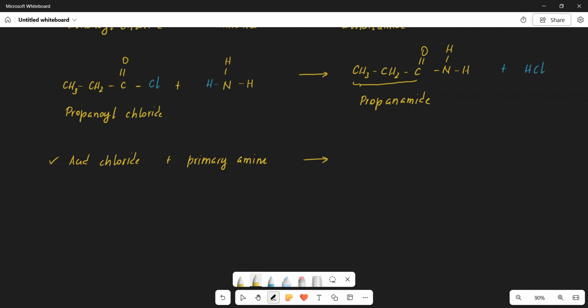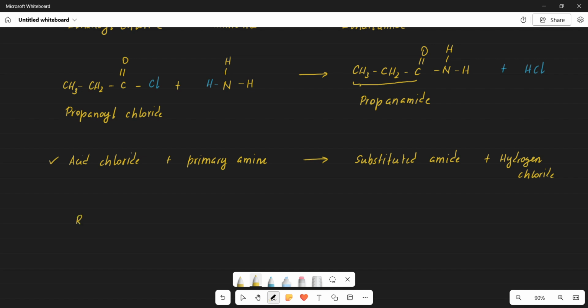It's a nucleophilic substitution reaction. I'll get a substituted amide. Substituted amide in the sense that one of the hydrogens connected to nitrogen is going to get substituted by an alkyl group. So you get hydrogen chloride as the byproduct.